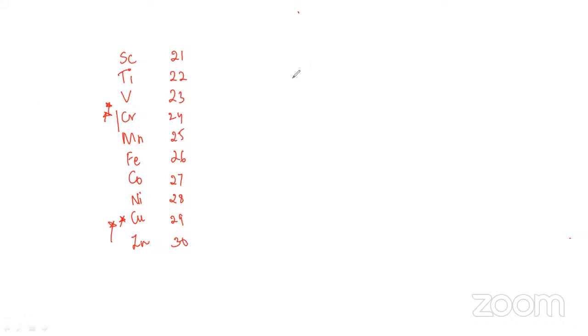Now, when comparing the first ionization energy and second ionization energy, which is more? The second ionization enthalpy will be more as compared to the first. In general, as you move across the period, that is your 3d series, the ionization enthalpy will increase with the increase in nuclear charge.